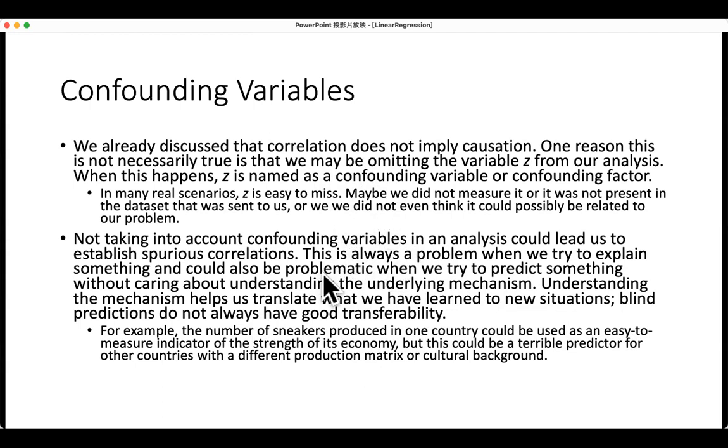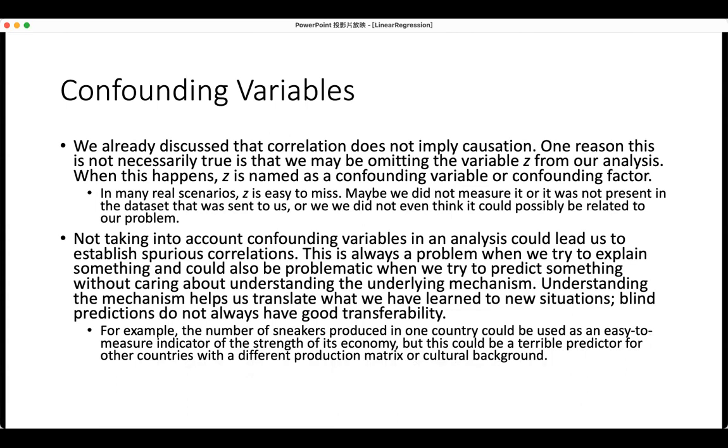For example, the number of sneakers produced in one country could be used as an easy to measure indicator of the strength of its economy. In Taiwan, we used to produce the most sneakers in the world.